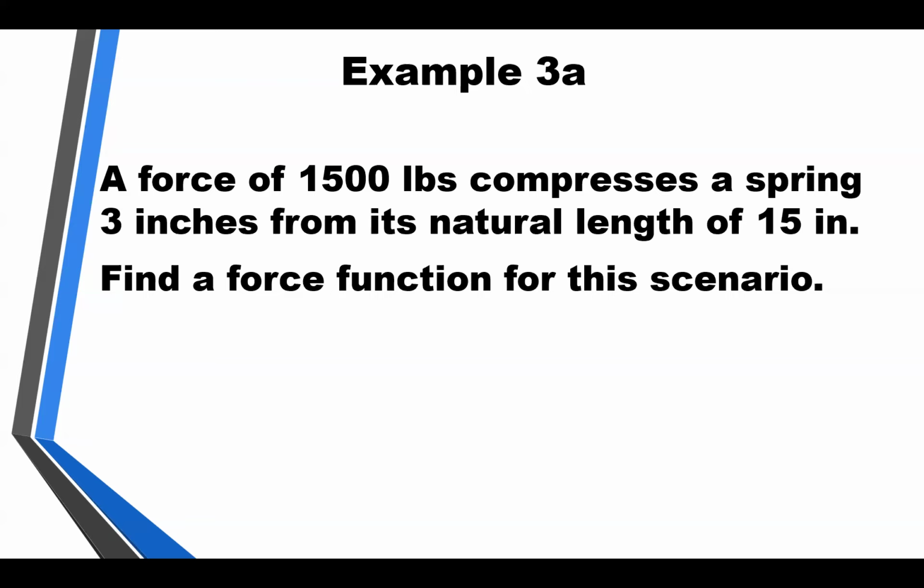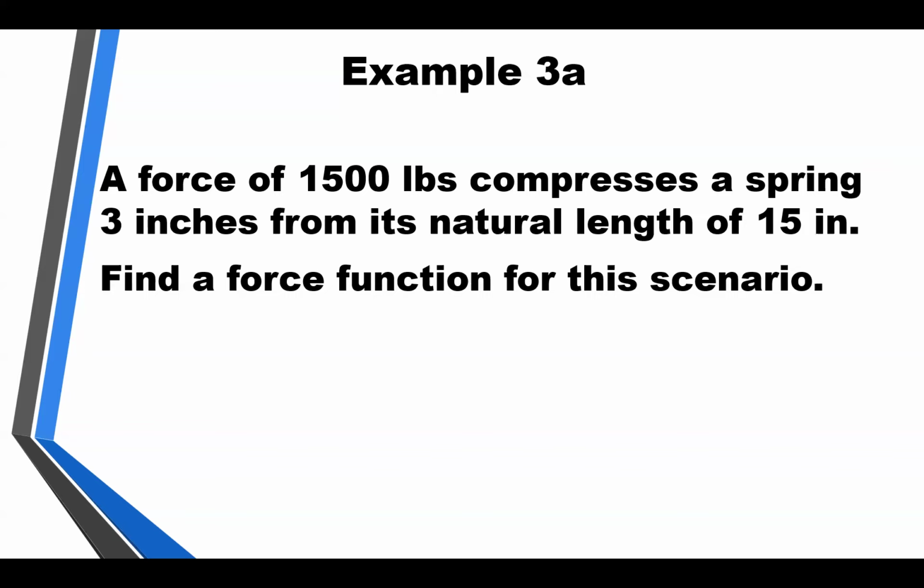So imagine holding a spring on one side that's fixed and you're pushing on the other side. Once you've pushed that spring 3 inches and hold it there, you're applying a force of 1,500 pounds. So that's what it's saying.